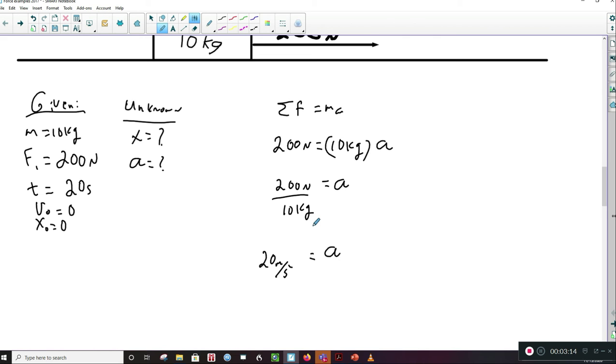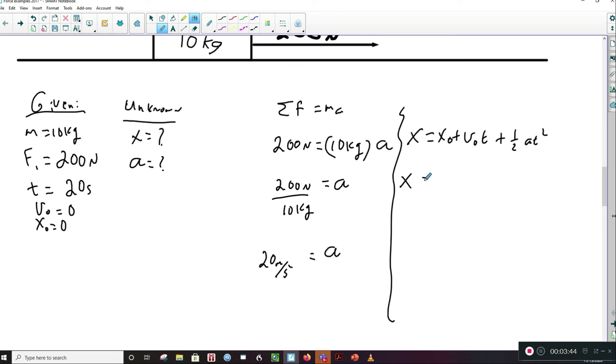Now that we have acceleration, we can go ahead and go after the displacement. And we're going to end up going back to our kinematics equations. And I have a time, so I'm thinking that x is equal to x naught plus v naught t plus 1/2 at squared is the best choice.